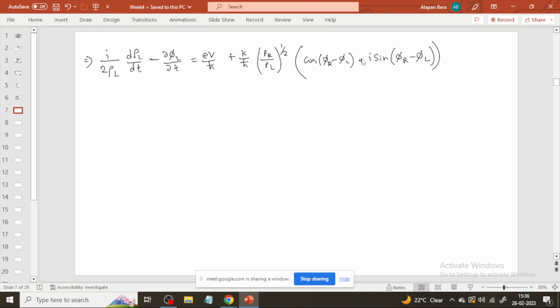Okay, now let's equate the real parts and imaginary parts of the equation.